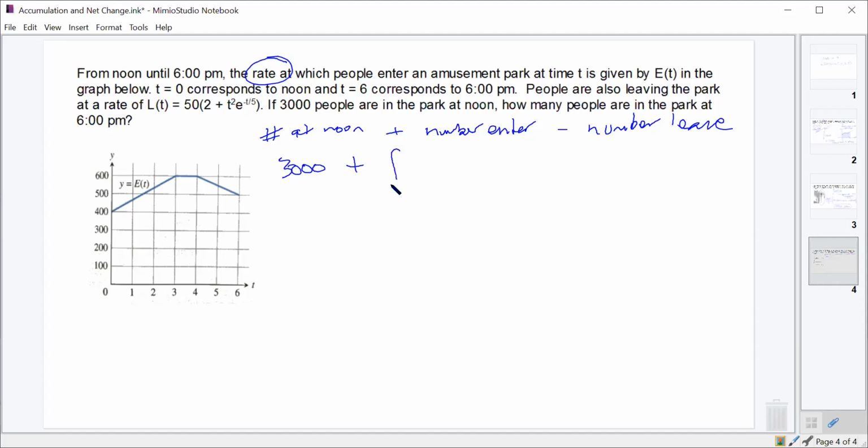So we're going to need an integral of E of t from t equals 0 to 6. And we're going to need to subtract, let's see, L of t is also a rate. So an integral from 0 to 6 of L of t dt. Okay. And so that 3,000, like we said, is still just 3,000. But how are we going to find the integral from 0 to 6 of E of t dt?